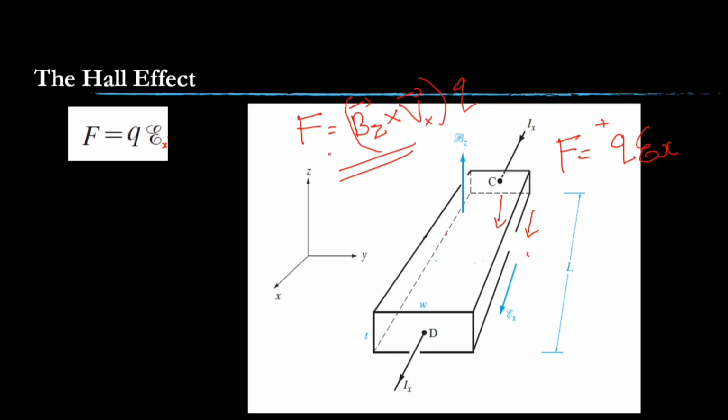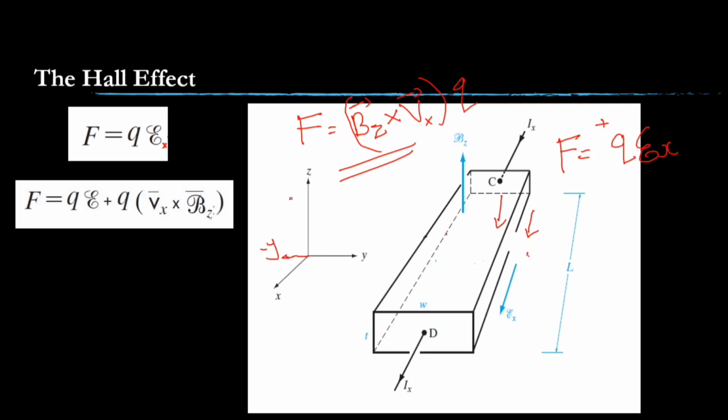There is a magnetic field, there is a current flow, and the direction of the Lorentz force is the minus y direction. So the total force experienced by a single hole inside the semiconductor is the force because of the electric field epsilon x, and the force because of the Lorentz force.